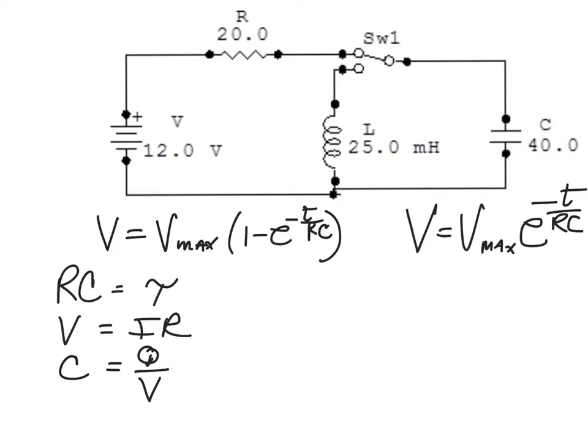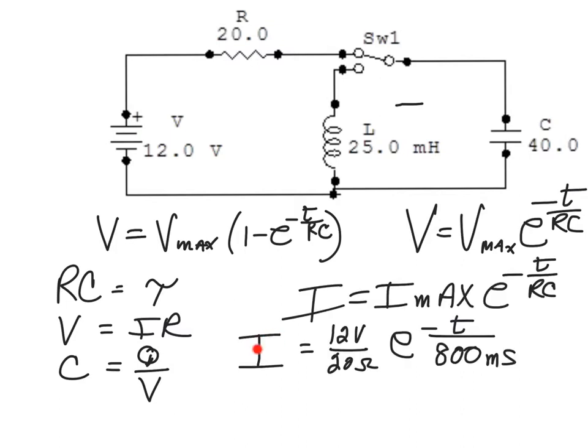And if you're calculating a quantity from either of these equations, supposing we want to know the current through the resistor over time, since that starts high and goes to 0, we would write the equation this way.